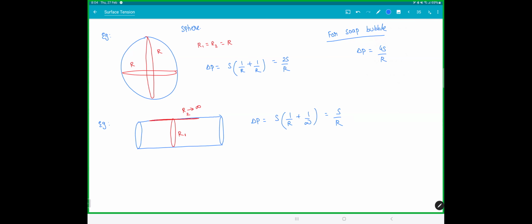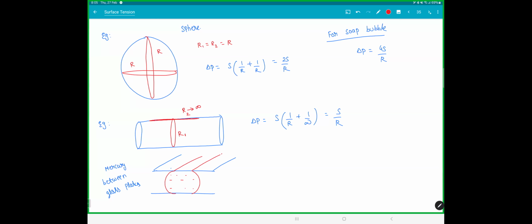So how does the surface look? Example, if you take a glass plate, so if you take mercury plus glass, this is how the liquid will be. It will bulge like this. You're able to visualize how it is?